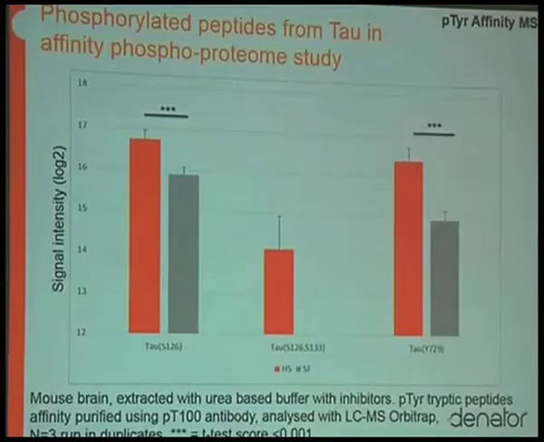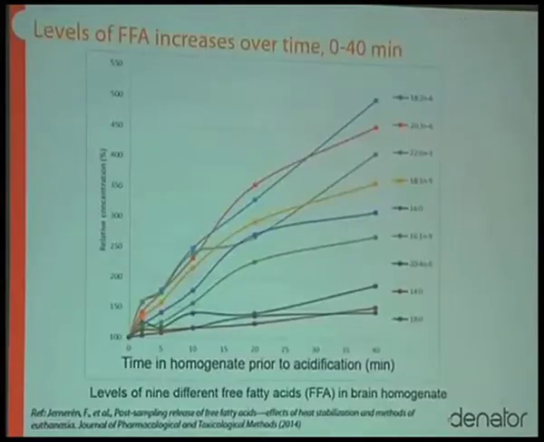That was the examples for phosphorylations. The other example is what I showed initially, the free fatty acids. So just to the time course experiment in the homogenate, some increase rapidly, some not so much.